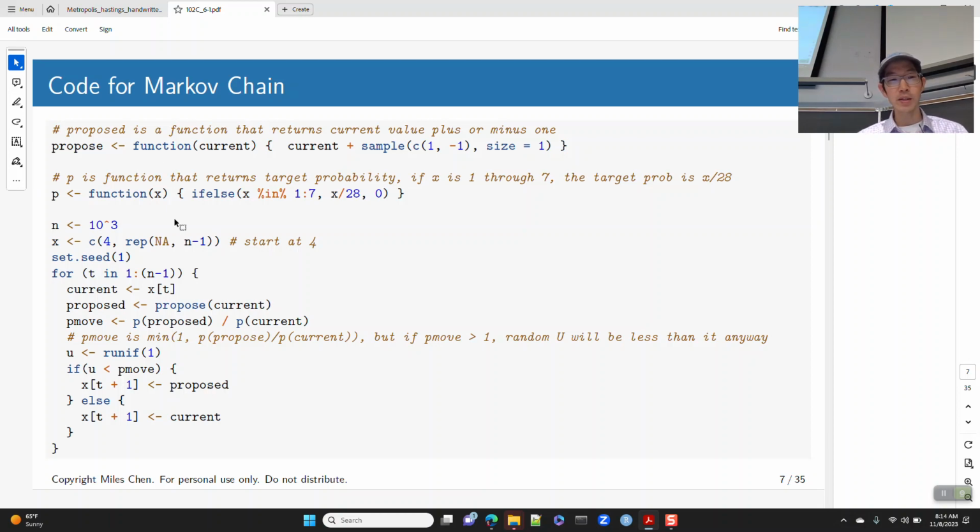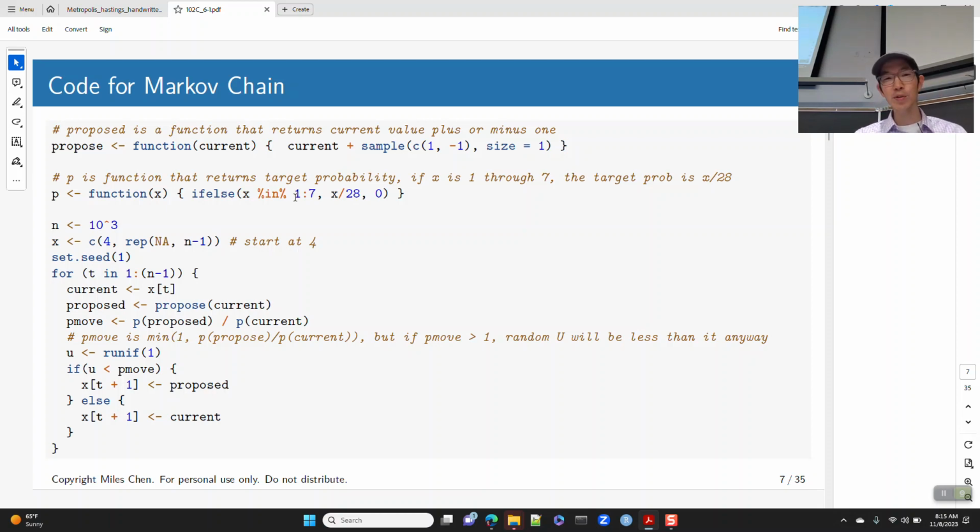And then the target probability is going to be just whatever x is divided by 28. That's the target distribution. So we use this to figure out the probability of our current location and the probability of the proposed location.